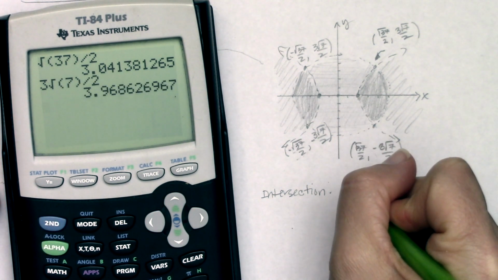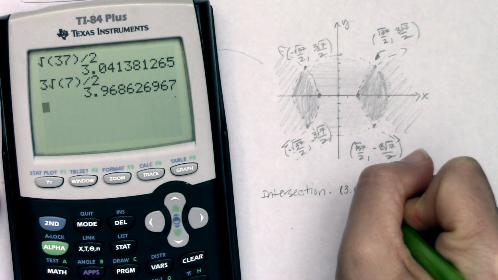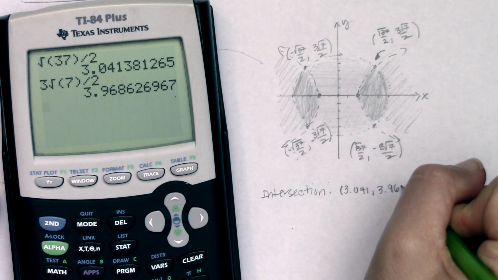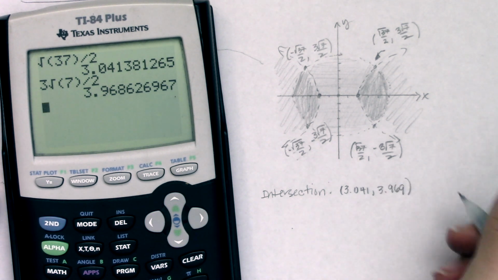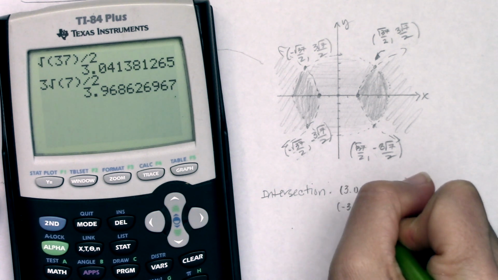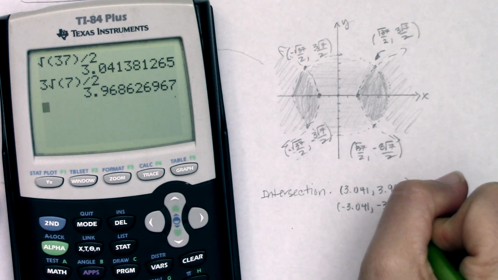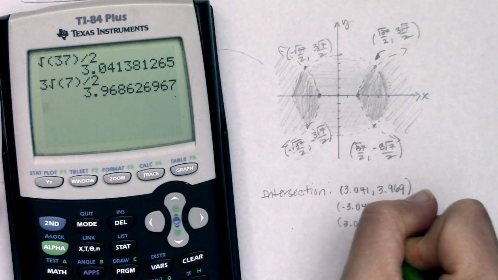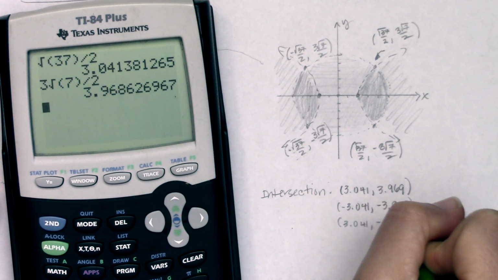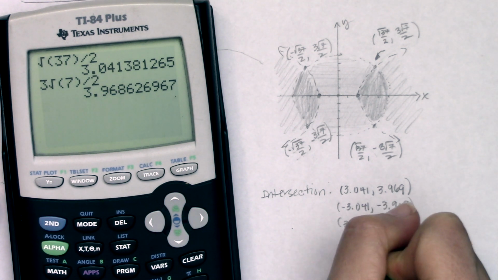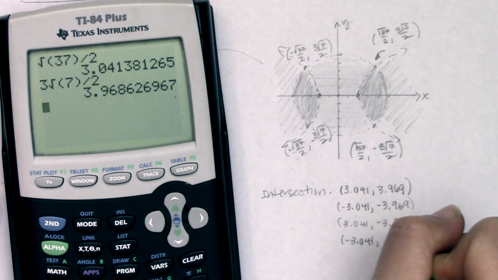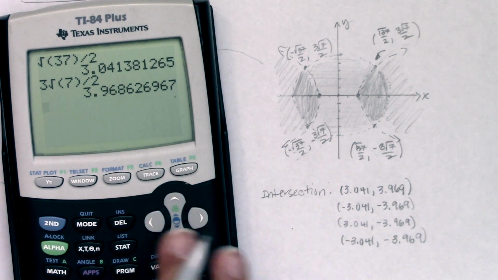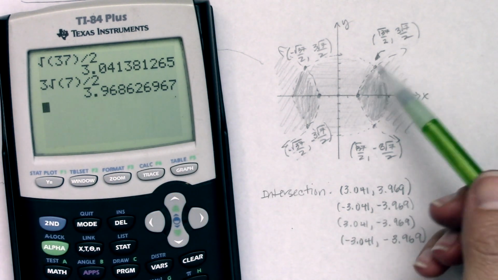So that's ultimately going to tell me my 4 points are 3.041 and 3.969, then negative 3.041 and 3.969, then 3.041 and negative 3.969, and both negative 3.041 and negative 3.969.